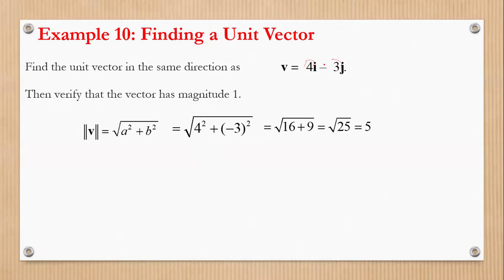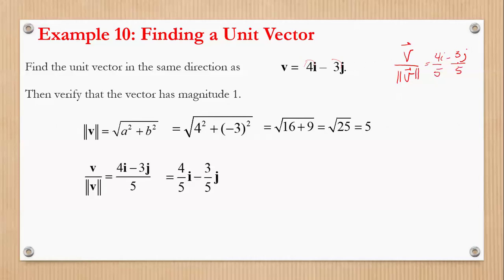After finding the magnitude, you need to divide the vector by its magnitude. The vector is 4i minus 3j, and you need to divide each component by the magnitude, which is 5. So you will have 4 over 5 i minus 3 over 5 j.